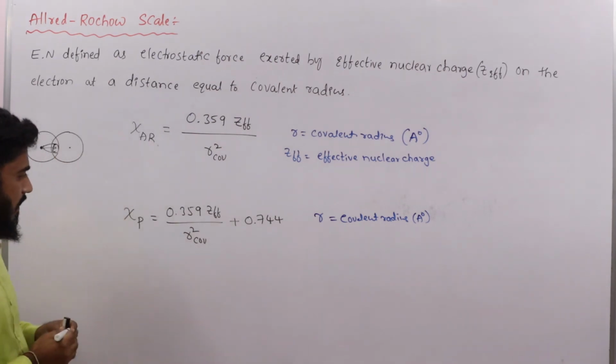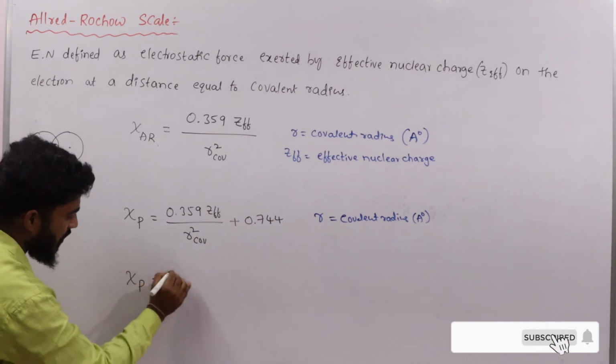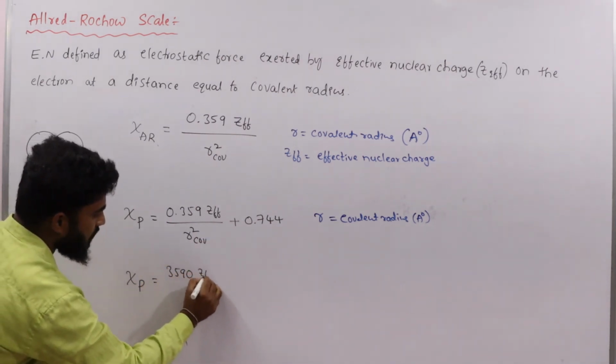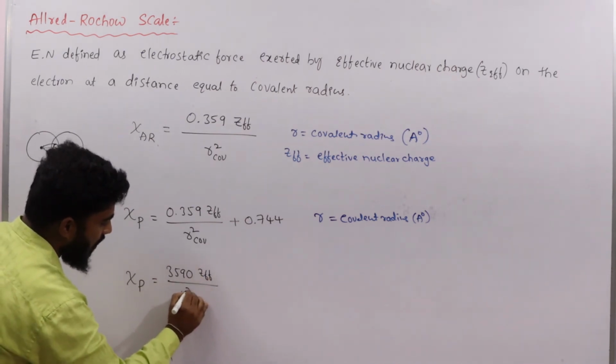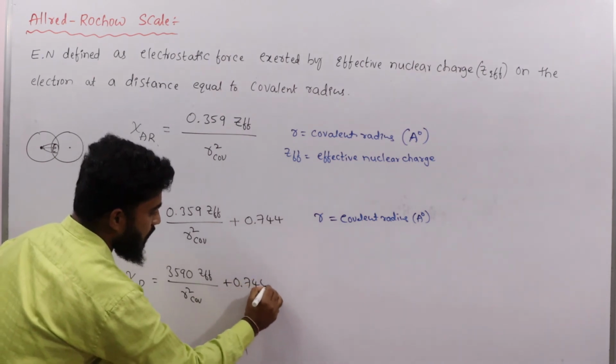One more equation: Pauling scale electronegativity value equals 3590 times Z effective by R square, covalent radius, plus 0.744.